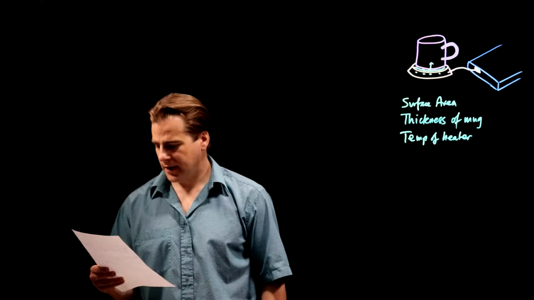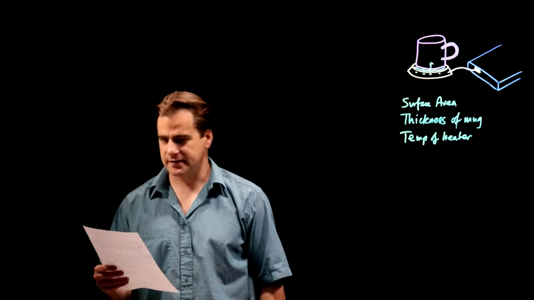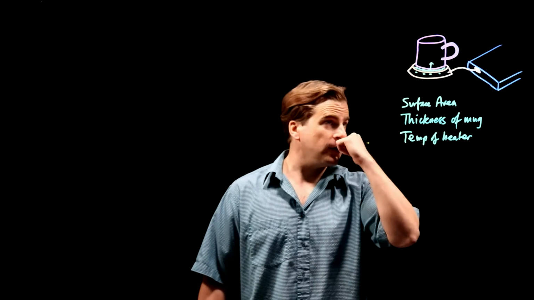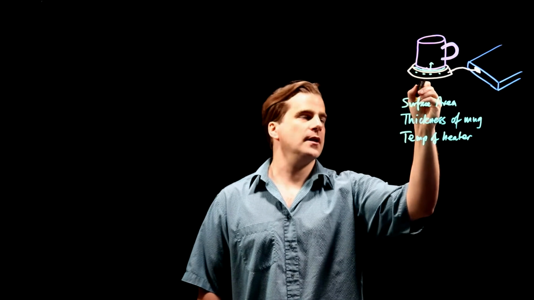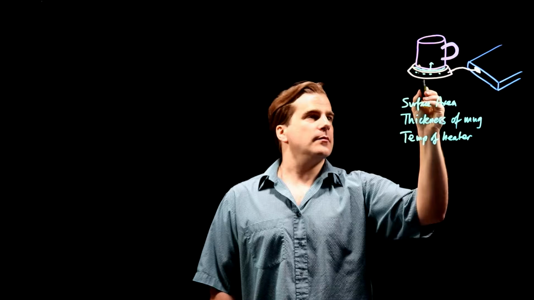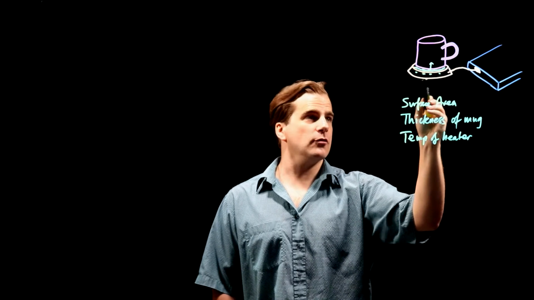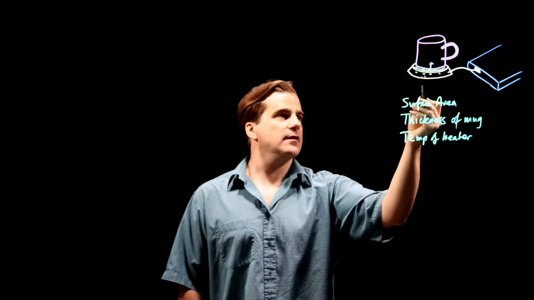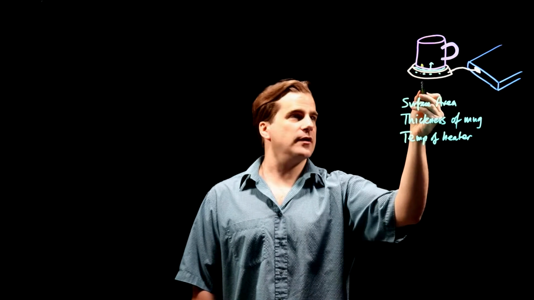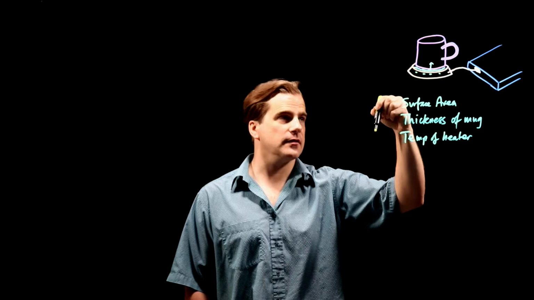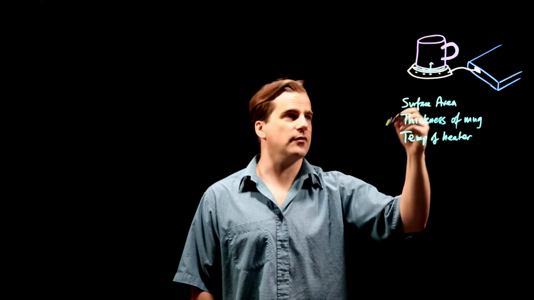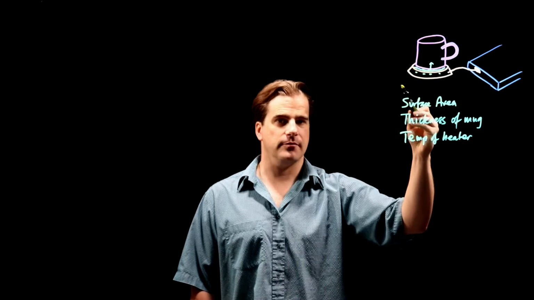Next, explain how a convection current is set up in the coffee. Okay, so the particles, as we've just described in the mug, are all vibrating fast, so they collide with the coffee particles at the bottom of the liquid, at the bottom of the coffee, and heat them up.